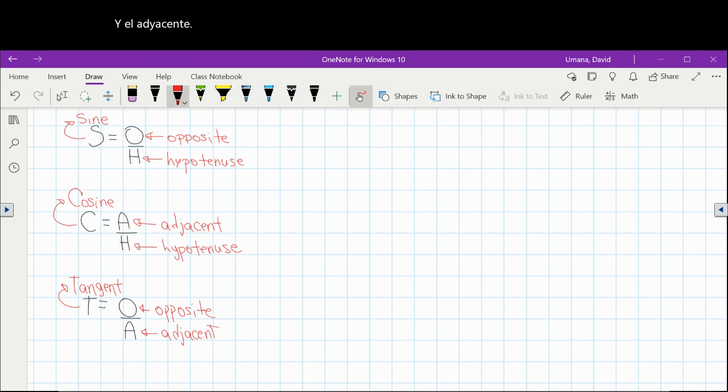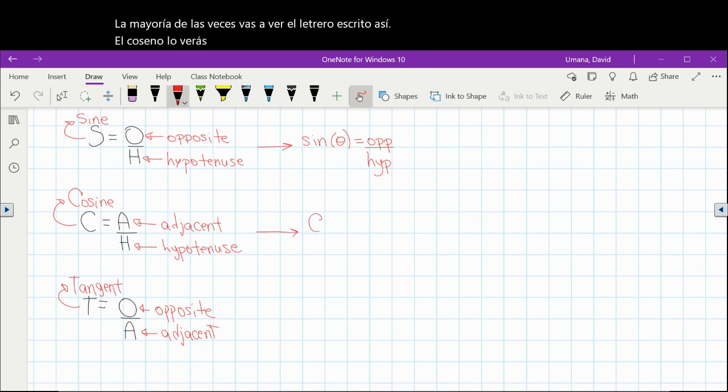So these are the three pieces. Most of the time, you're going to see the sine written like this. The cosine, you'll see that written like this. And then last but not least, the tangent will be like this.